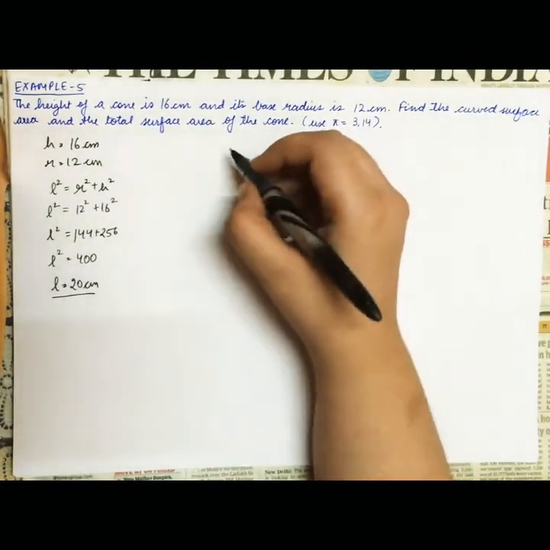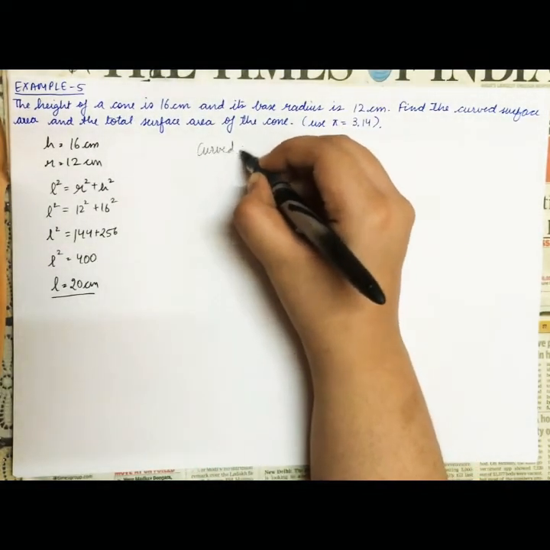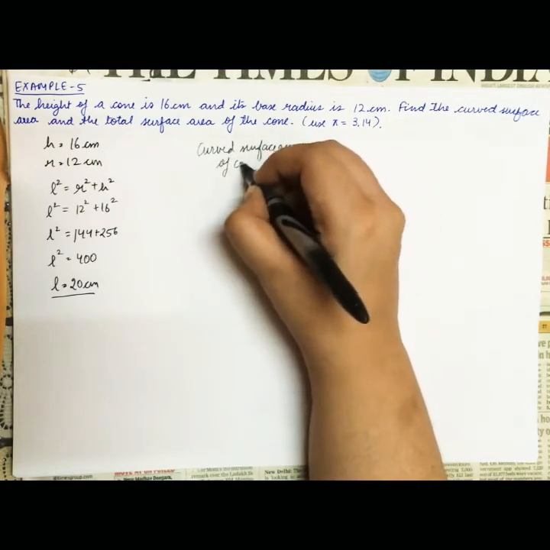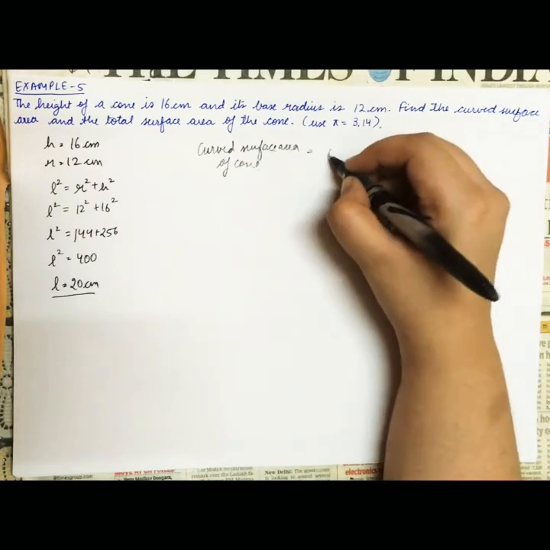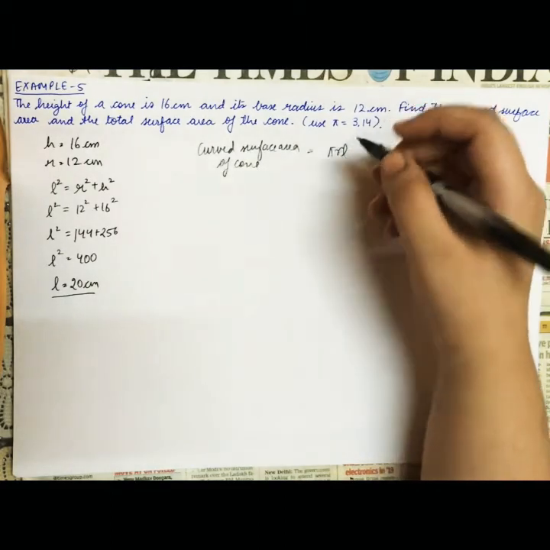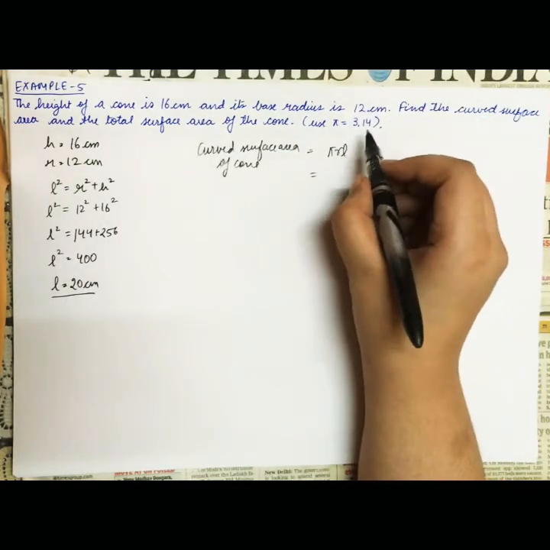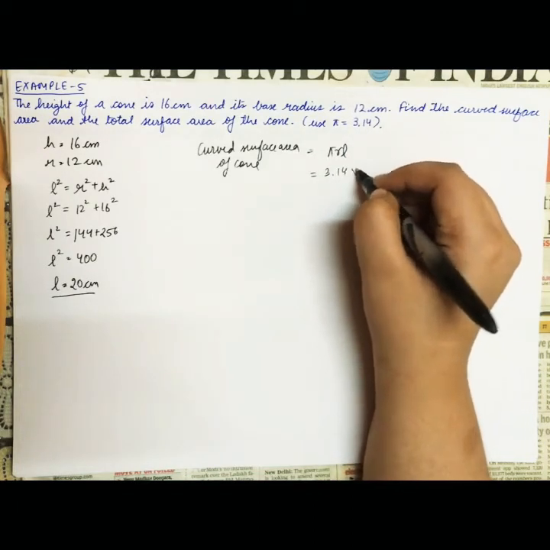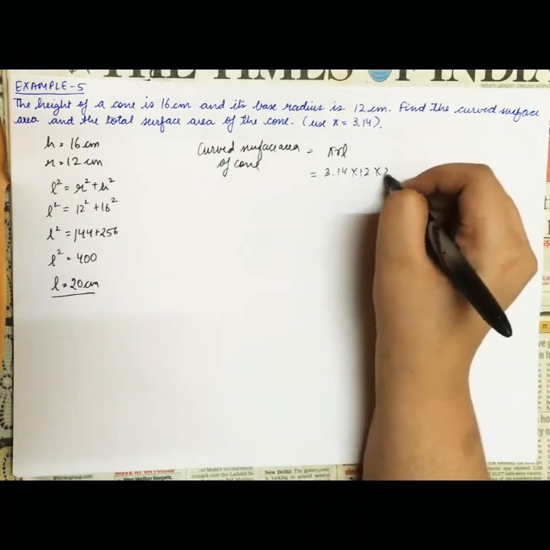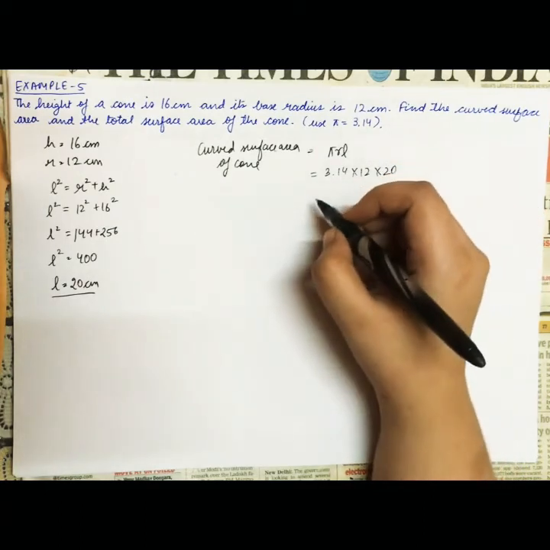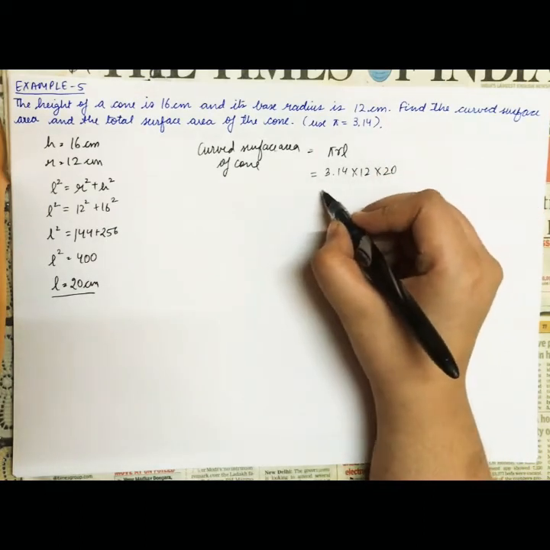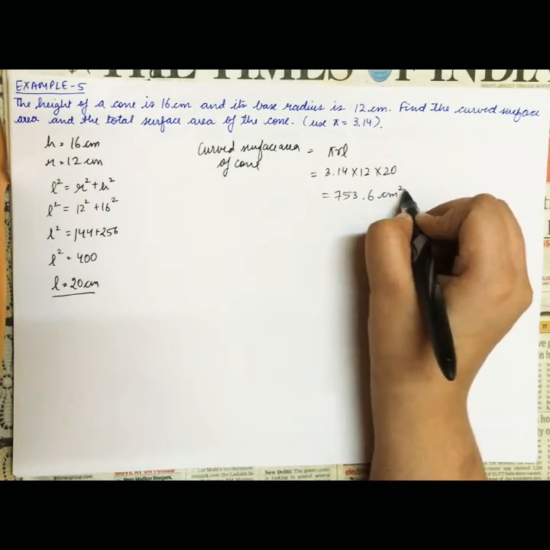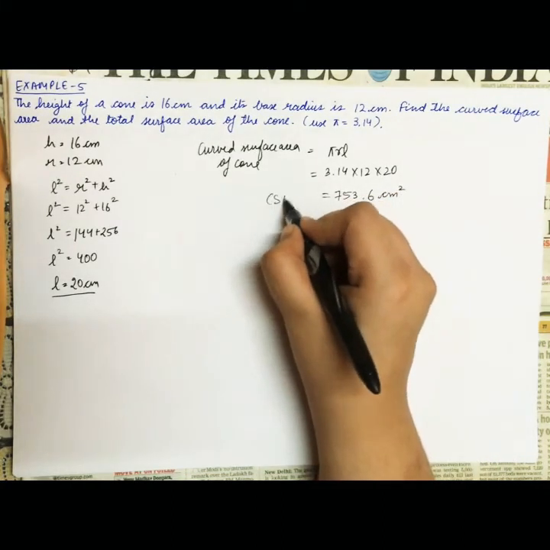Now, curved surface area of cone is equal to pi r L. Therefore, we'll put the values. Pi will take it as 3.14. Radius is given as 12 and L is 20 centimeter. Therefore, it will come to be 753.6 centimeter square, which is the curved surface area.